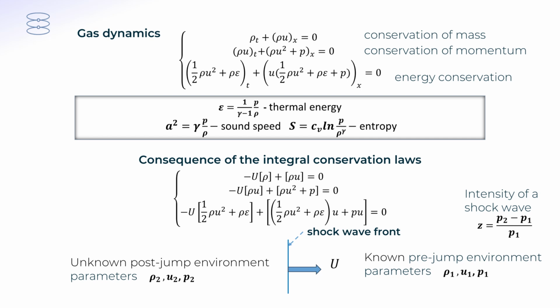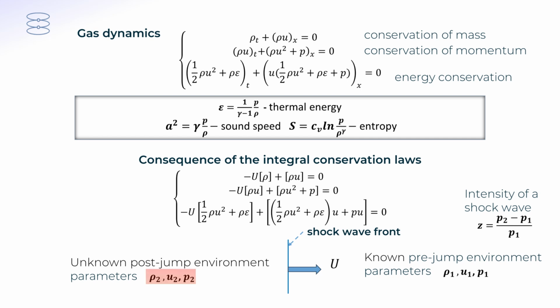Let us consider shock waves. This is the shock wave front. As a rule, we know the pre-jump environmental parameters such as density, speed of movement of particles, and pressure. The speed of movement of the shock wave we don't know, but we want to find it. The post-jump environment parameters, density, velocity, and pressure, are unknown.